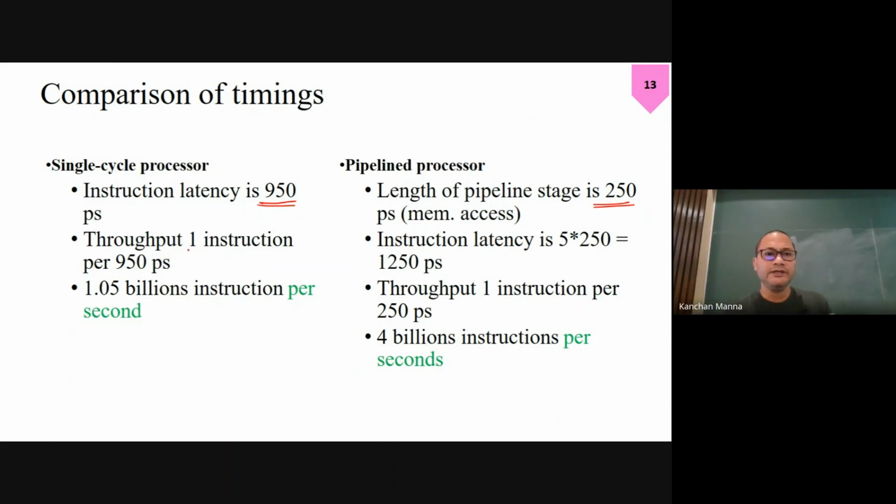Here throughput is one instruction per 950 picoseconds, because each instruction takes 950 picoseconds. If we divide this, about a billion instructions would be executed per second. However, here it is 4 times more. In this way, it improves the performance.